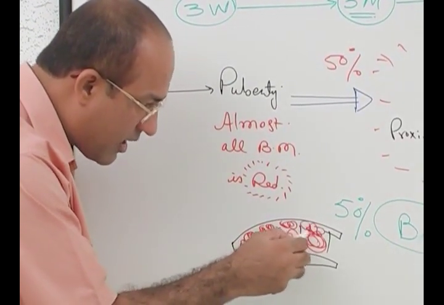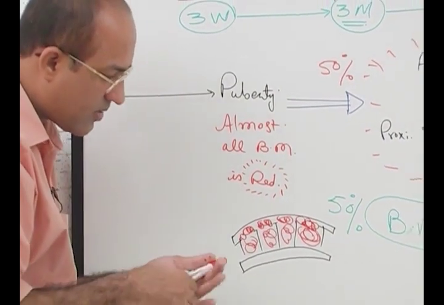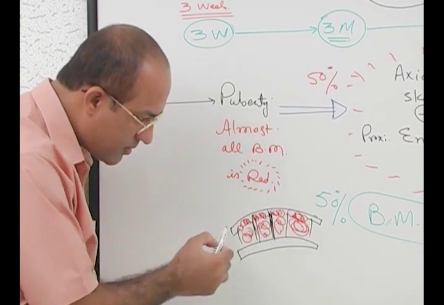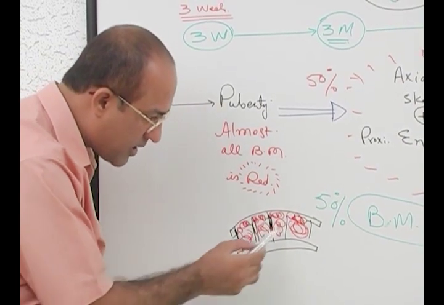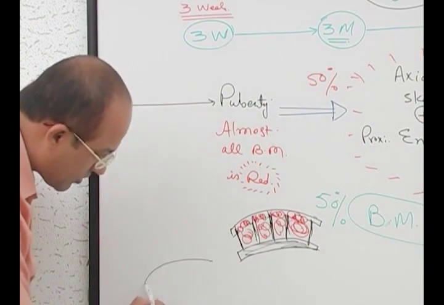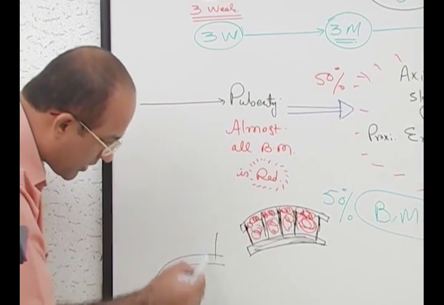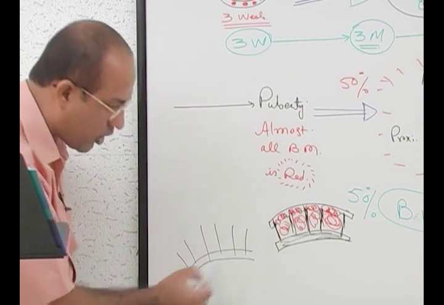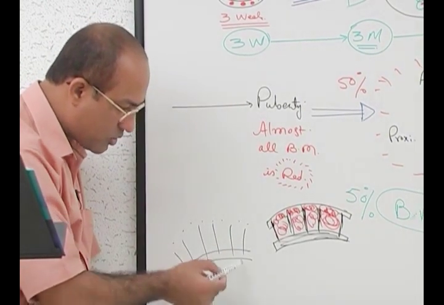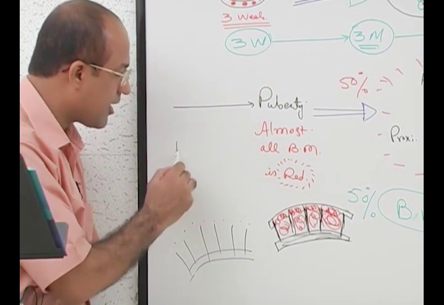On X-ray, the outer table is not very visible, and the spicules are very prominent, so the radiological appearance is like hair on end.